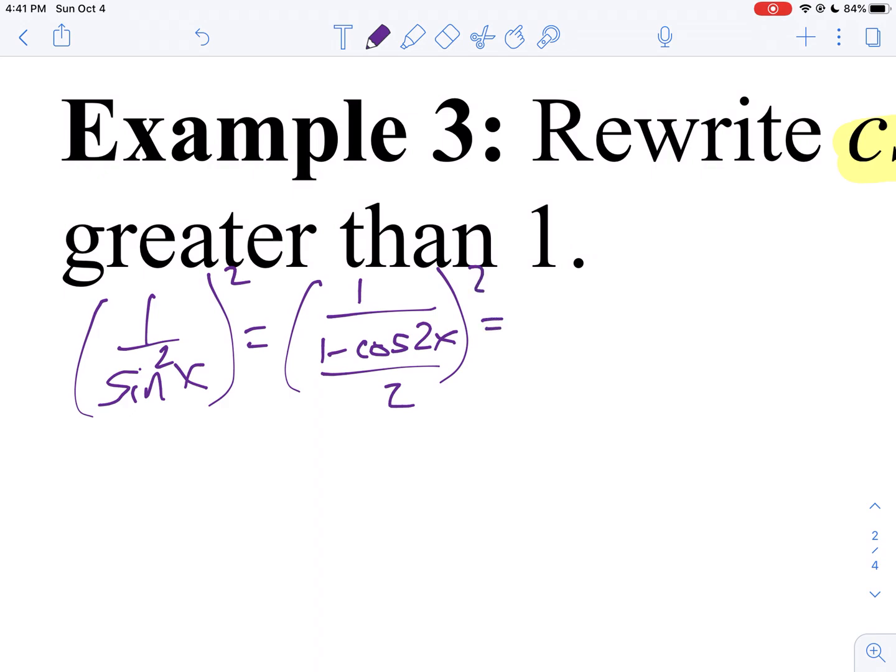Then let's simplify by getting rid of that 2 in the second denominator, so that ends up in the numerator. So it's 2 over 1 minus cosine 2x, and we're going to square that.